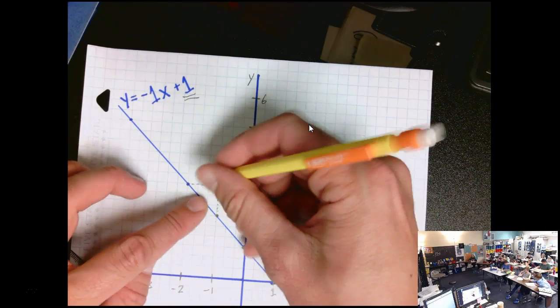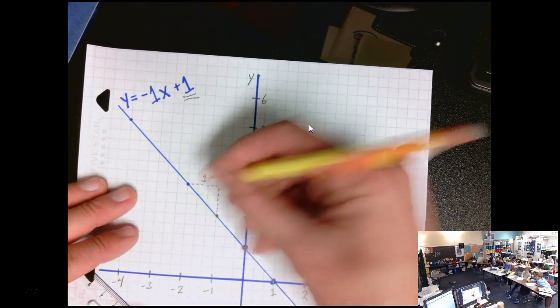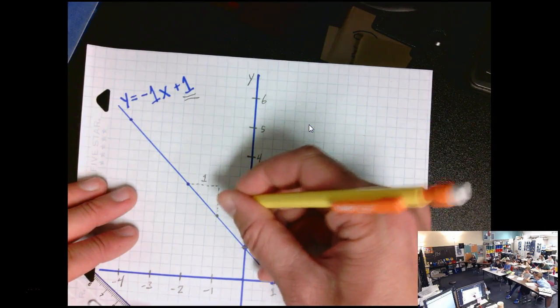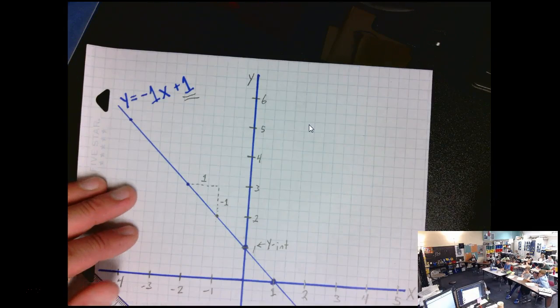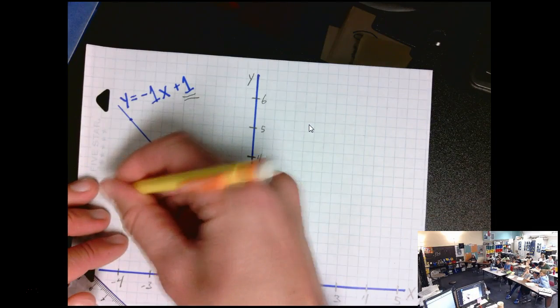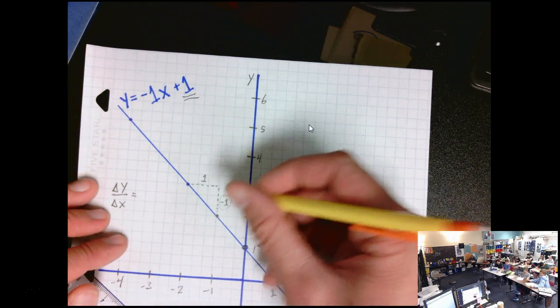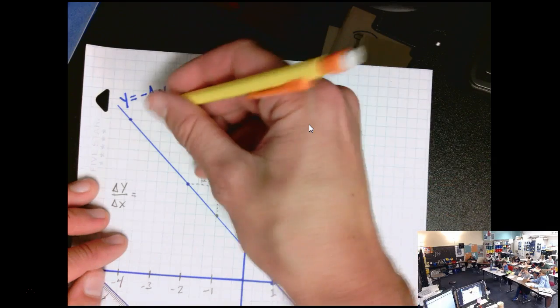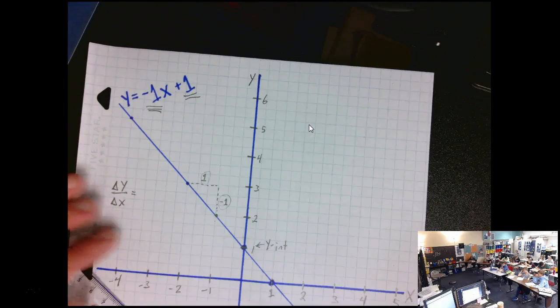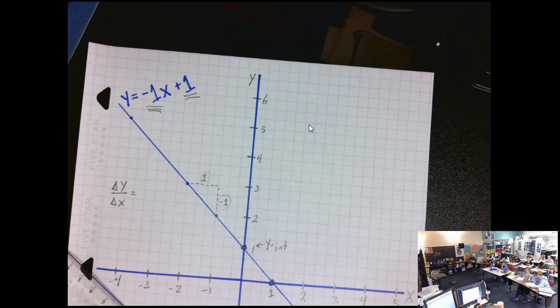This is a run of 1 and a rise of negative 1. So when we would do delta y over delta x, that would be negative 1 over 1, which is how we get that slope.